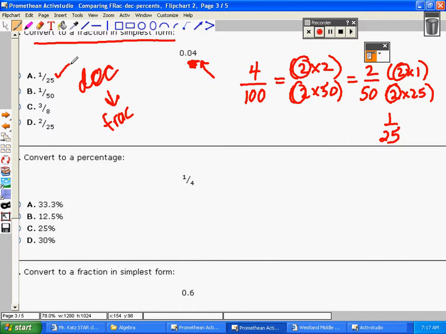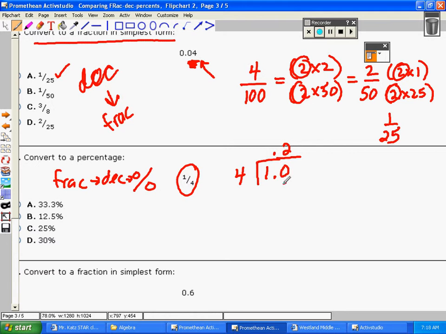Next one, convert to a percentage. So when I go from a fraction to a percentage, we're just going to change it to a decimal first and then change it to a percentage. So we know how to change this to a decimal by doing 1 divided by 4, and you end up with 0.25.